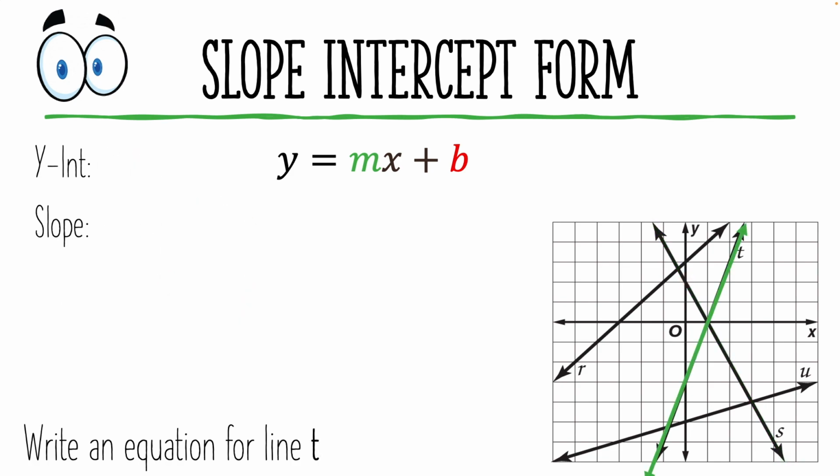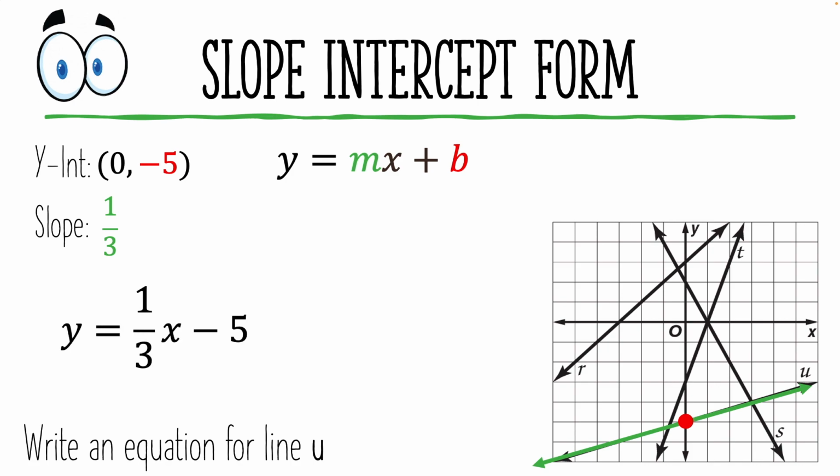Line T, we've got a y-intercept of (0, -3) and a slope of 3. So you should get 3x minus 3. And then finally, line U has a y-intercept of (0, -5) and a slope of 1/3. So pop that into slope-intercept form, and you get y equals 1/3 x minus 5.